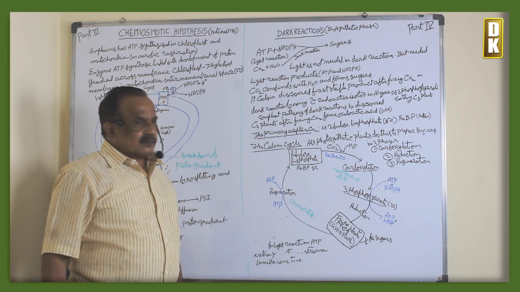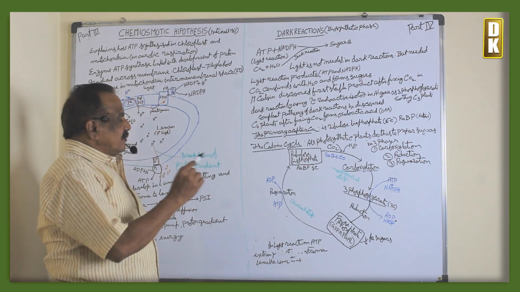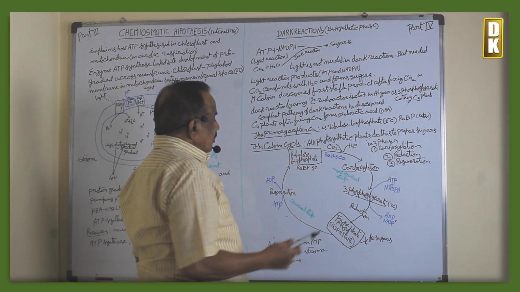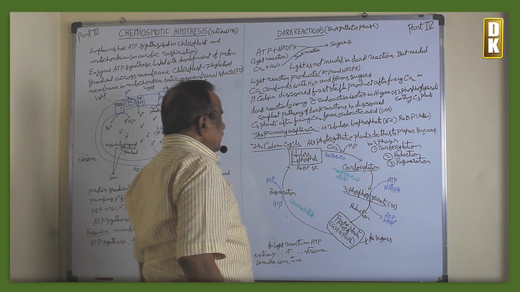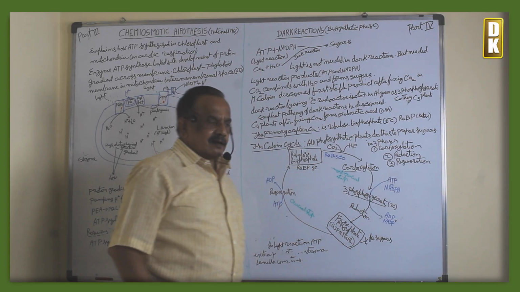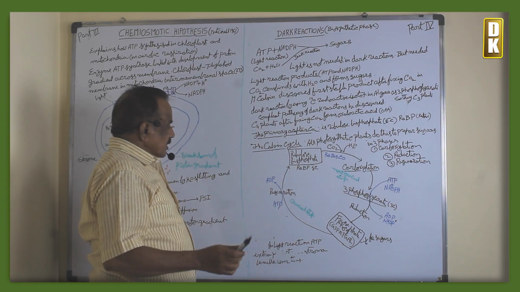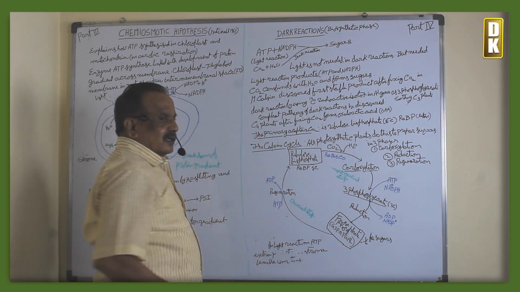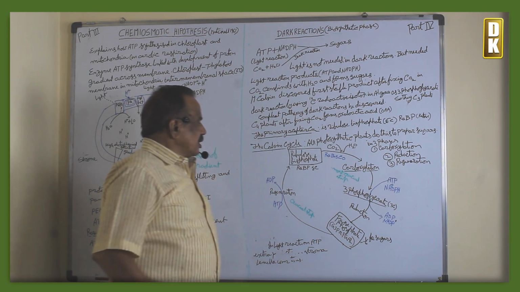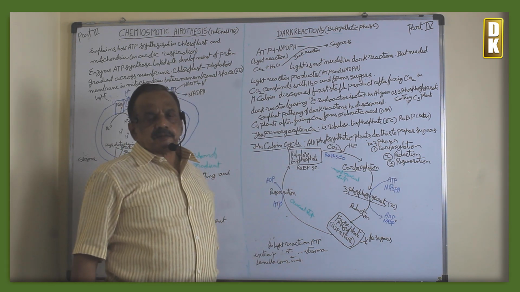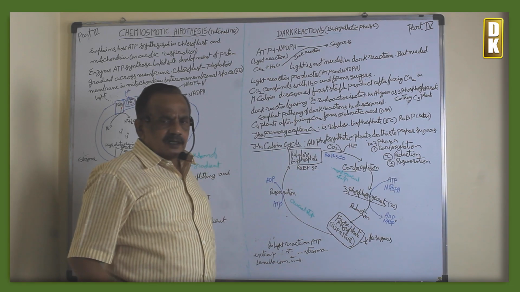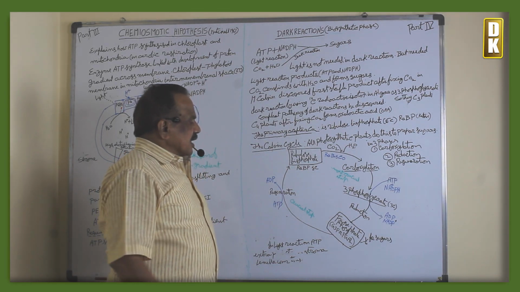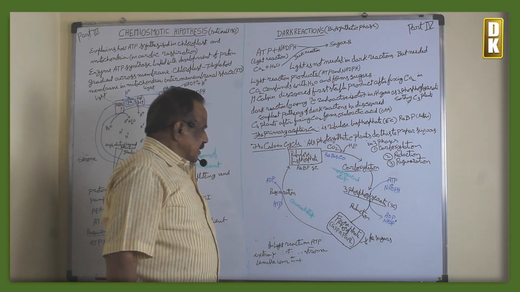Now, in the whole cycle, whenever we observe regeneration, we saw that the most crucial step is carbon dioxide fixation, and the next crucial step is regeneration. Because if regeneration is not there, then RuBP is not available to fix carbon dioxide again. So regeneration is also crucial. Reduction is common, it has to take place.